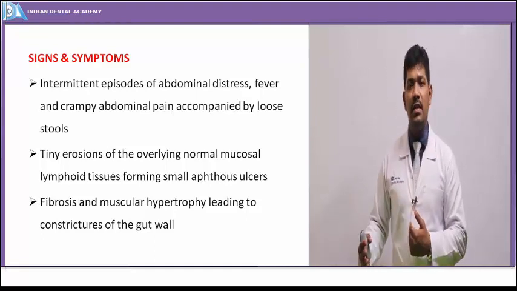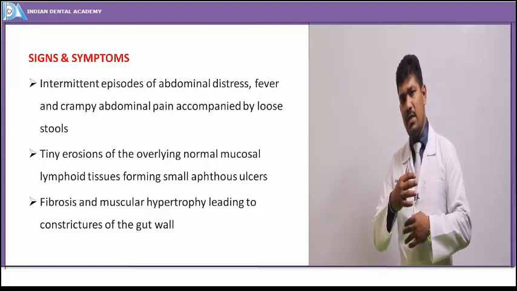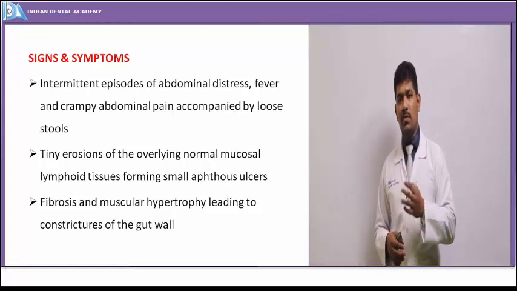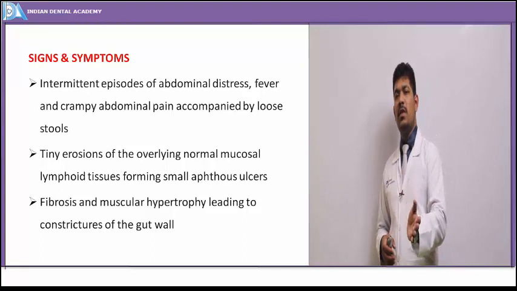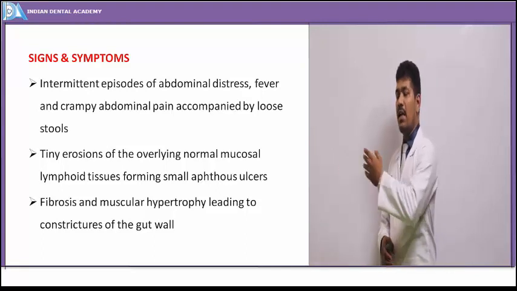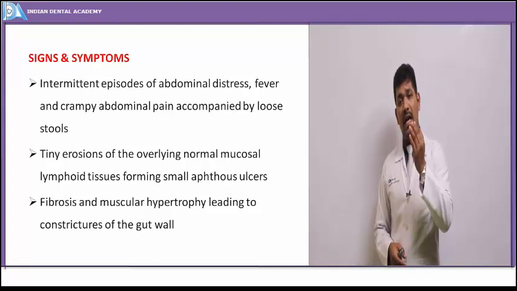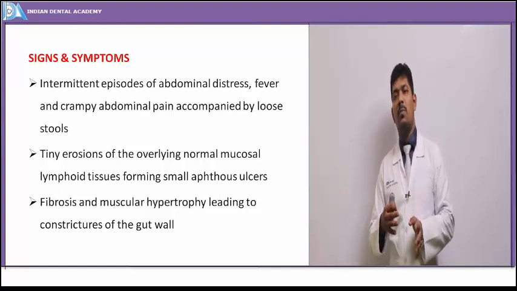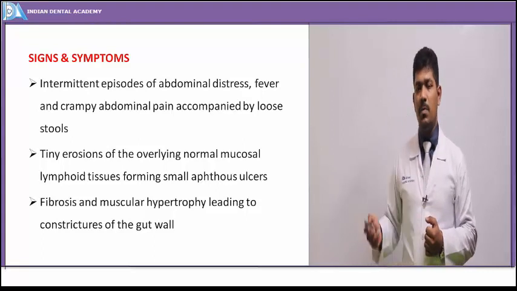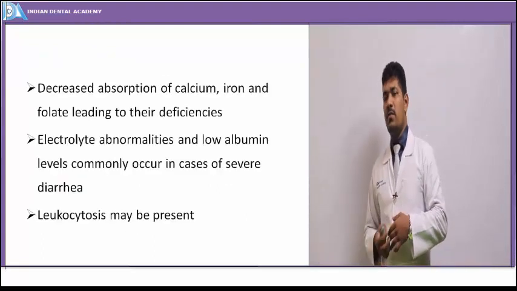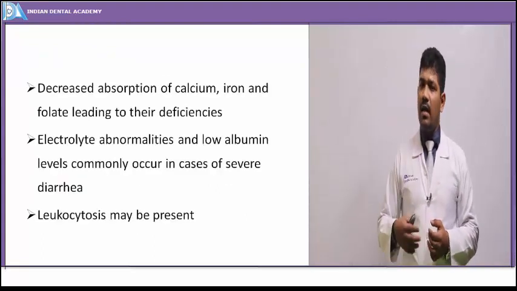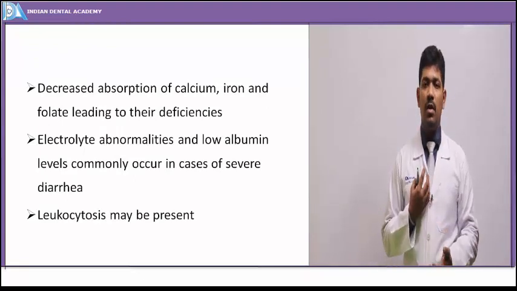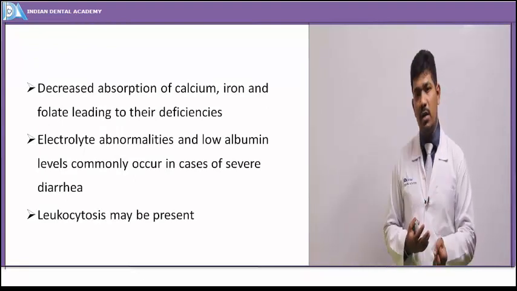Since Crohn's disease is a chronic disease, there is constant repair and healing process which takes place. The healing takes place via fibrosis or muscle hypertrophy, which actually reduces the lumen of the gut. So that is the most important long-term complication of this particular disease. Now, because of this inflammation, there is improper absorption of the required minerals from the gut.